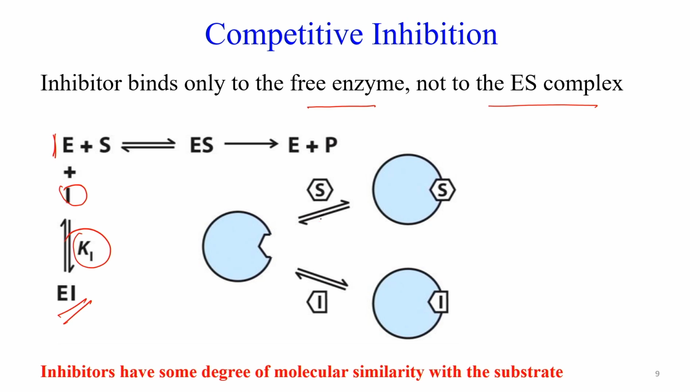It has substrate homology, or is a substrate analog. The way the substrate can fit here, the inhibitor can also fit here, like a lock and key model. Because of the molecular similarity with the substrate, the inhibitor can bind to the active site of the enzyme.